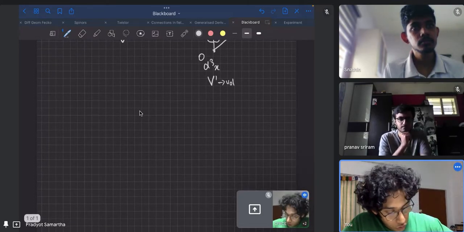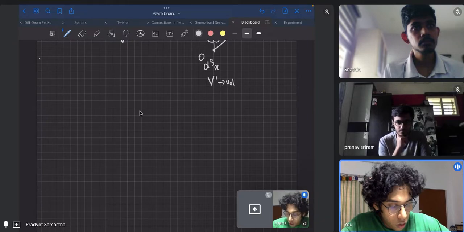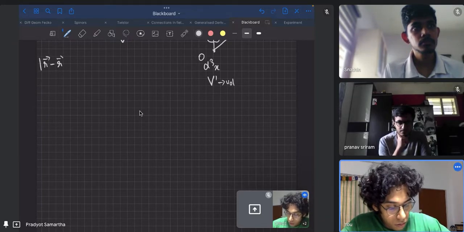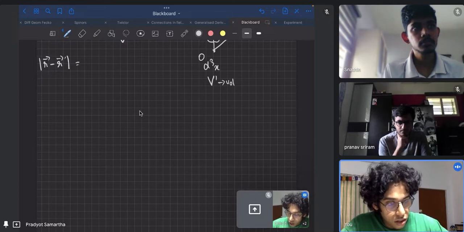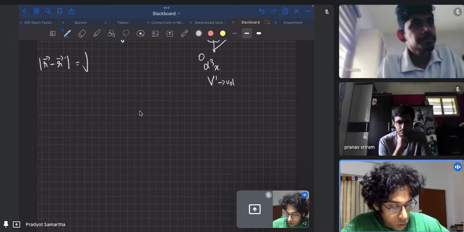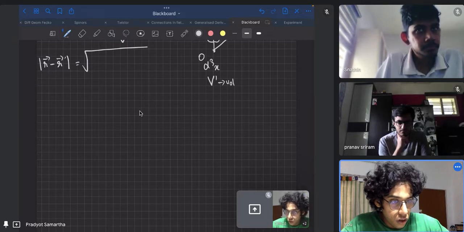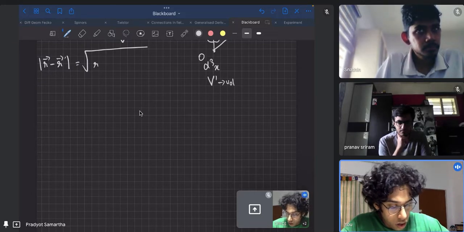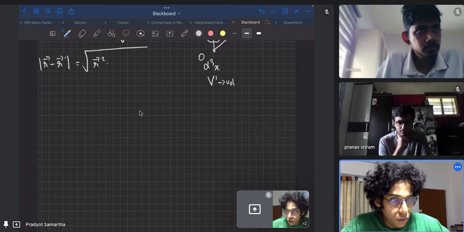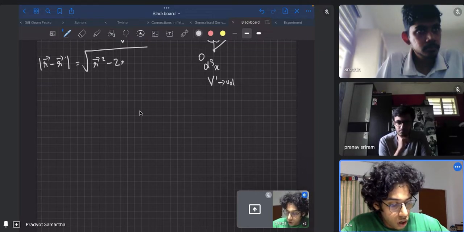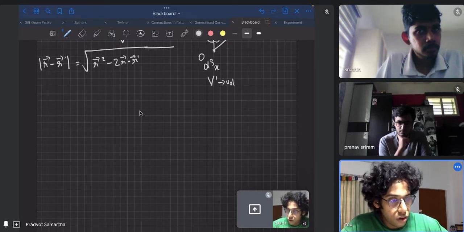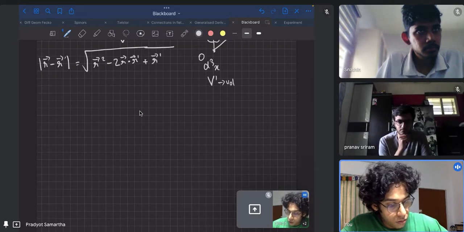So just to expand this, you want to write down the modulus of r minus r prime as the square root of r square minus 2 r dot r prime plus r prime square.